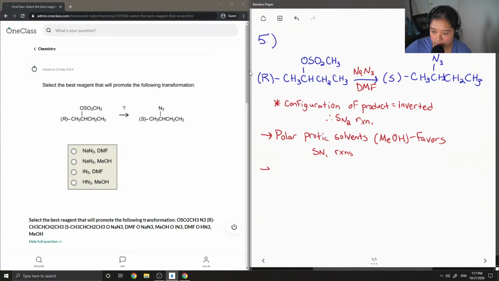On the other hand, when you have polar aprotic solvents, in this case it is DMF, or it could also be DMSO or ether, then this favors SN2.